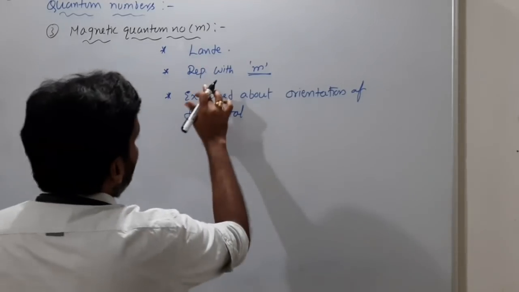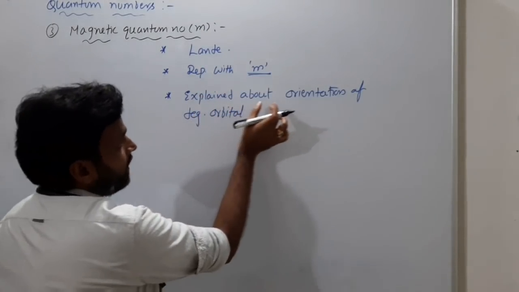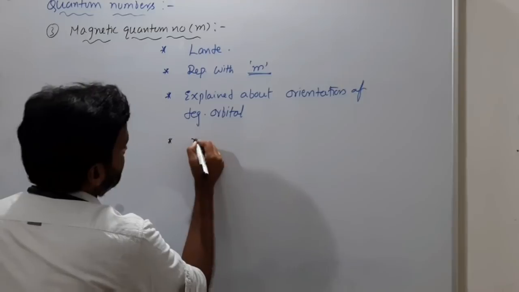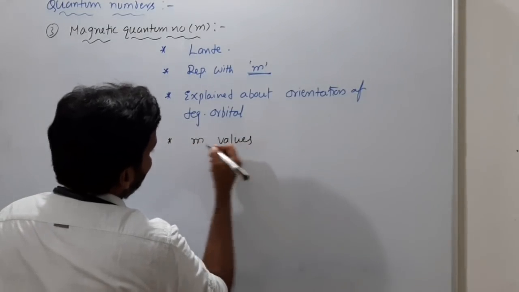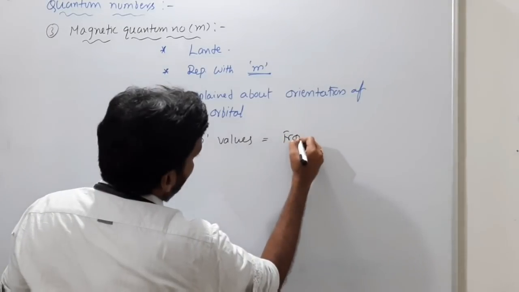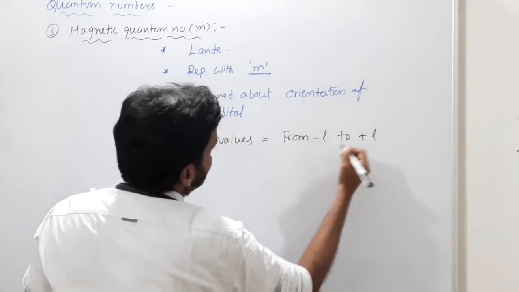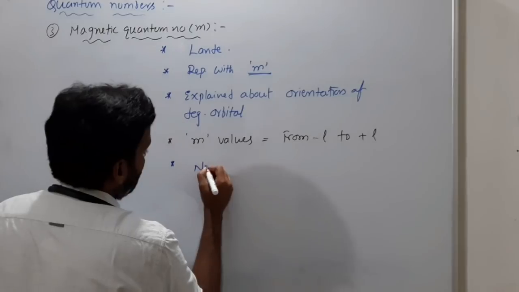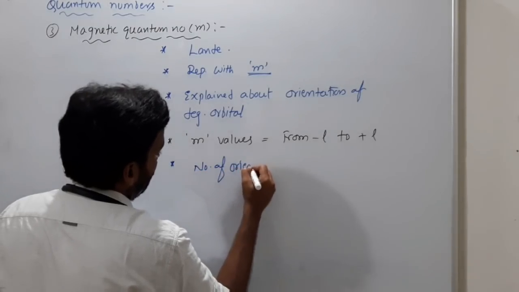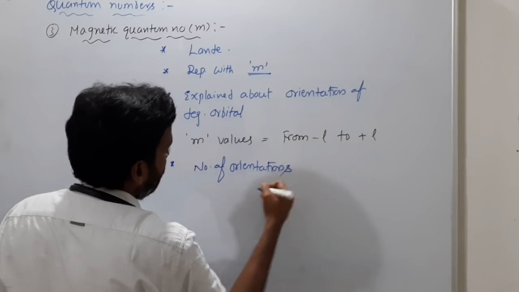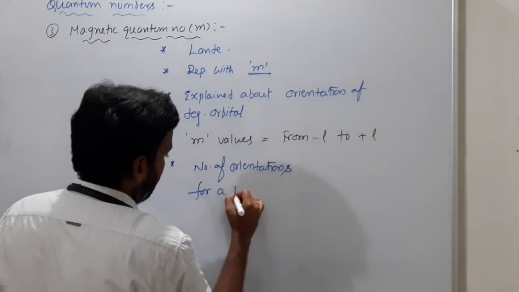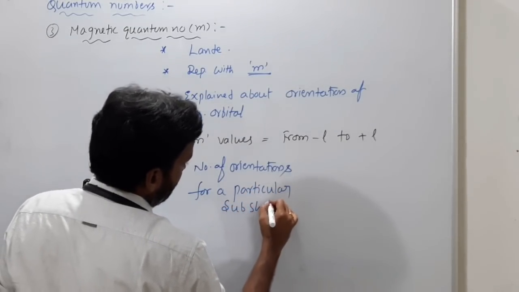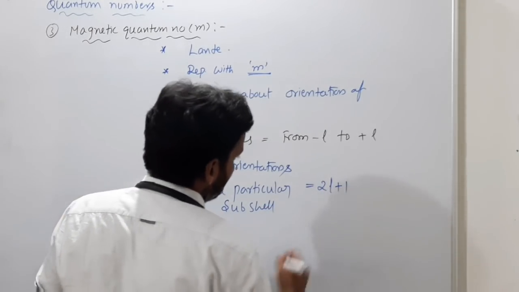So it was given by Lande, represented with a small m, and explains the orientation of degenerating orbitals. The m values are from minus L to plus L. This also gives the number of orientations for a particular subshell, which is equal to 2L plus 1.